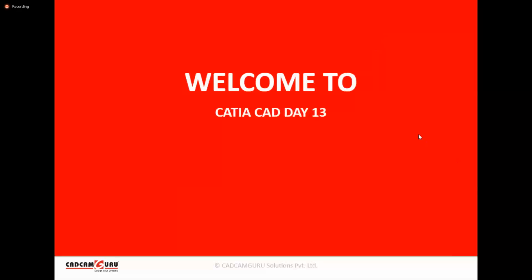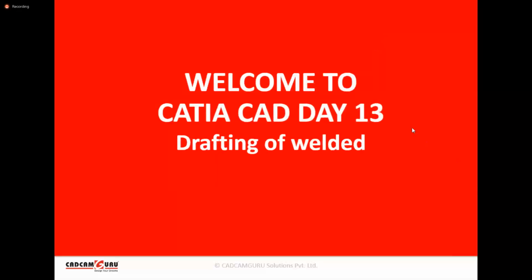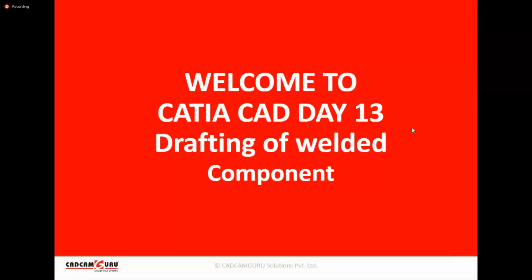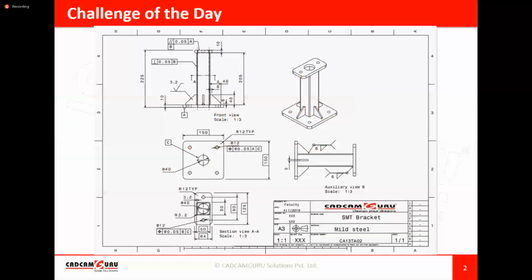Okay, now welcome to day number 13, drafting of welded component. This is the part drawing we need to create today. And what is our intention to learn from this part?